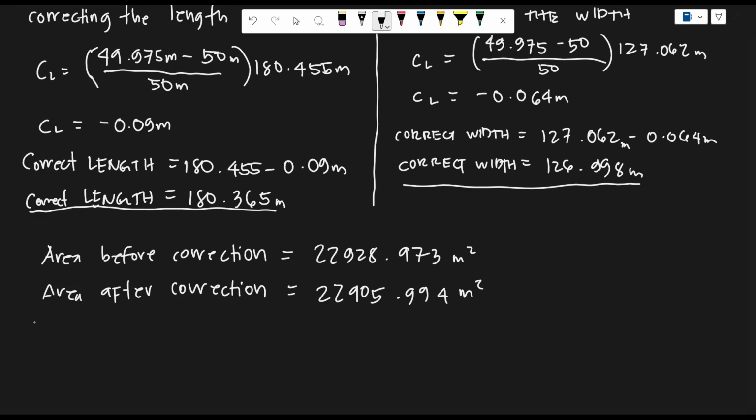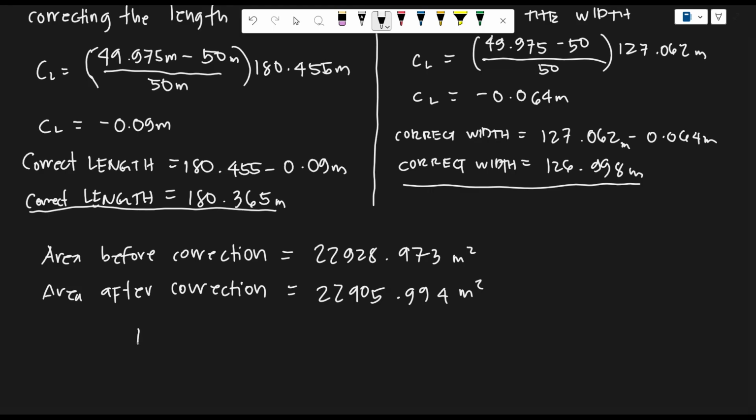Now, what is the error in the area? Okay, so you can subtract before minus after, or after minus before. So depends on what you want to get. If it's just the difference in area, then you can get the absolute value. So in our case, let's just use the before minus after. The larger uncorrected one versus the smaller corrected one.